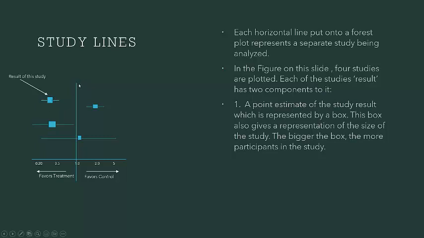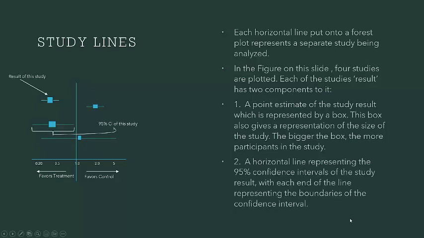Usually it is black, but in this lecture I have just colored it differently. Usually on the forest plot you will find all these lines and blocks black. This box also gives a representation of the size of the study. The bigger the box, the more participants in the study. You can see differences in the size of boxes in different studies.